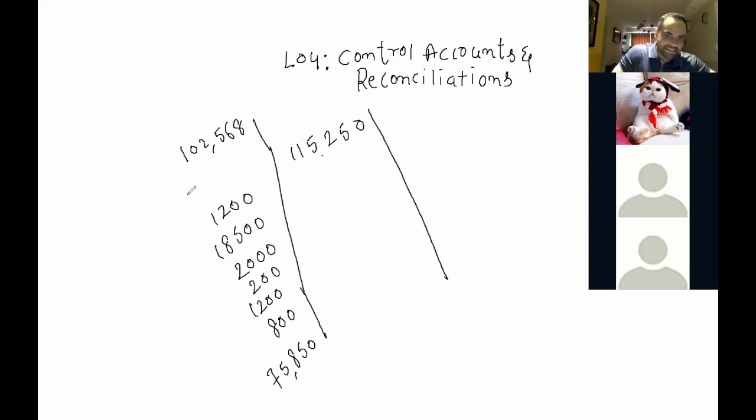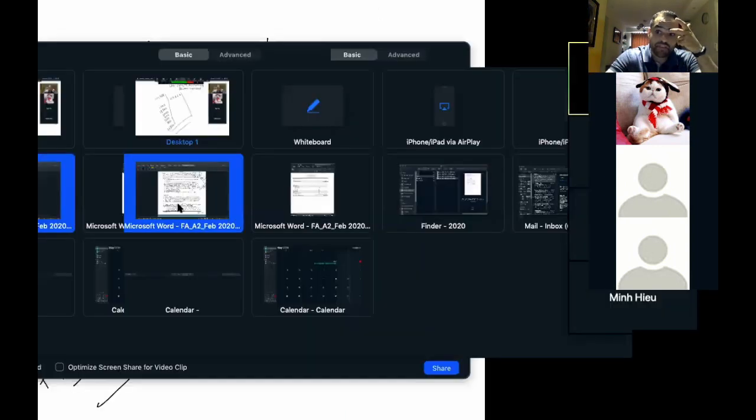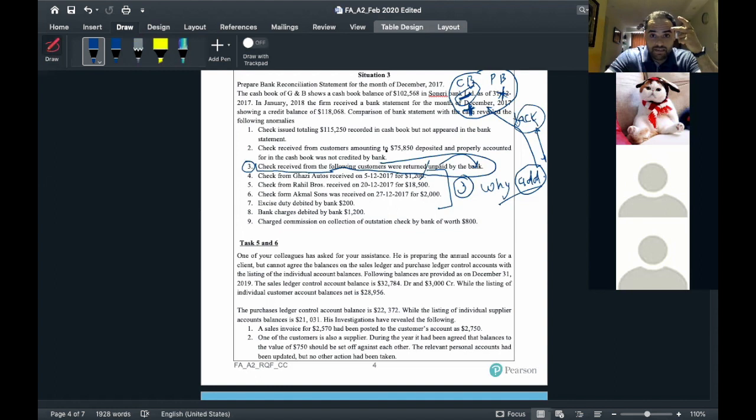This is okay. Students said that the balance of these two is not equal. I don't know, we made some kind of stupid mistake in the last session. The mistake was here. So make sure you fix it. The mistake was here.